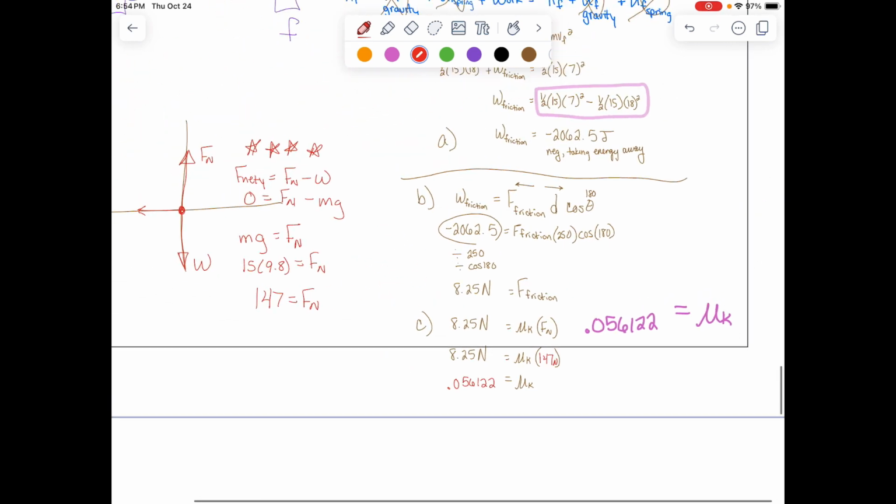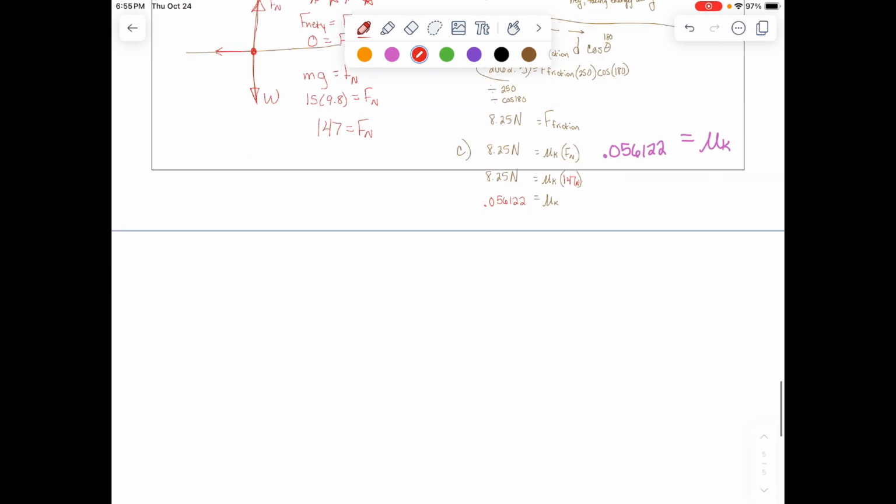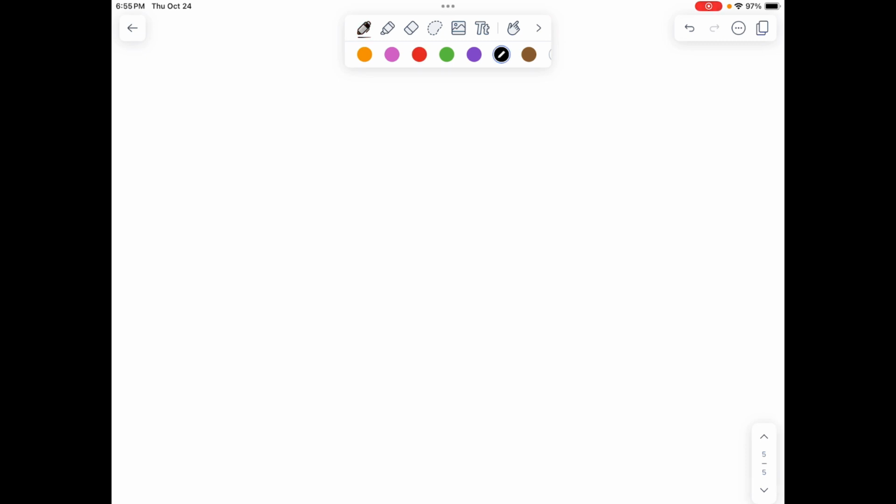So I hope that little equation was helpful for them. I mean, it's massive, but if you can pick out what you have and what you don't have. One more thing I need to tell them. If a problem asks you for the work done by gravity, it's not asking for the work done to the system. It's asking what the work of gravity is, because there are a lot of things working in the system.